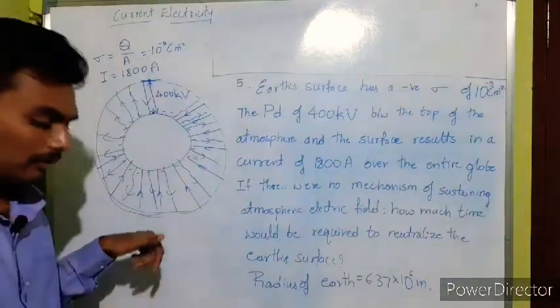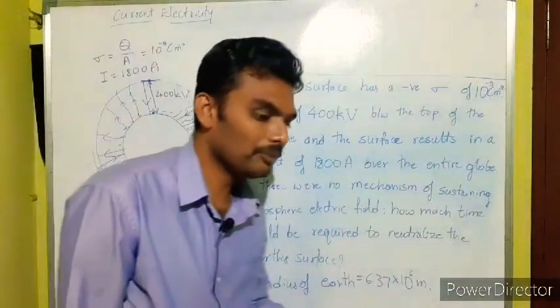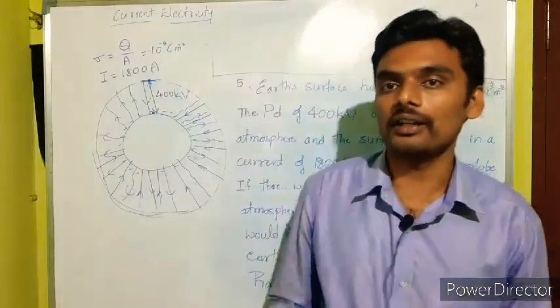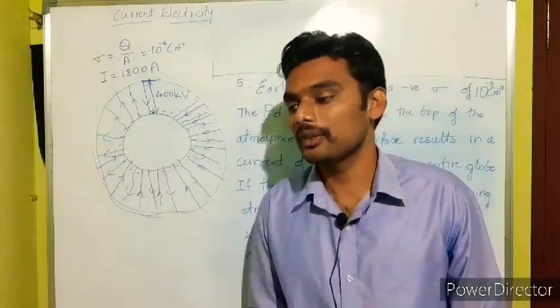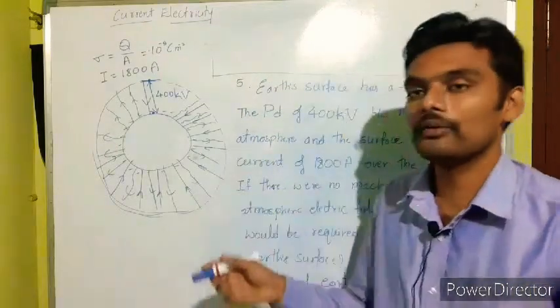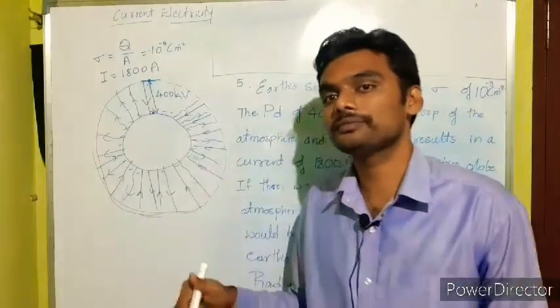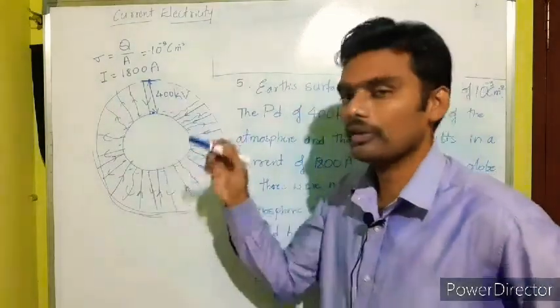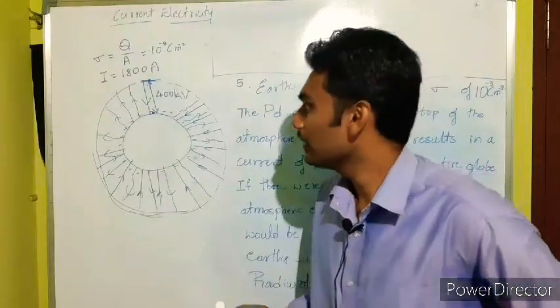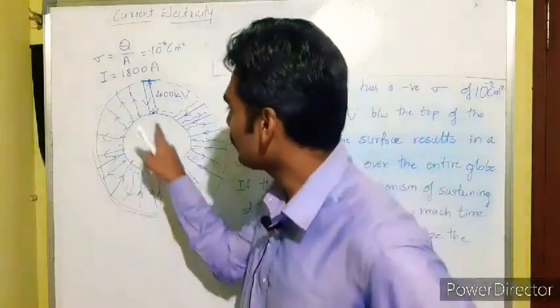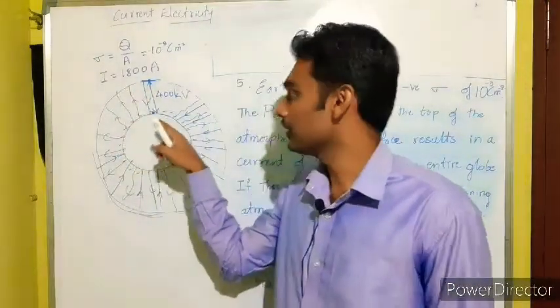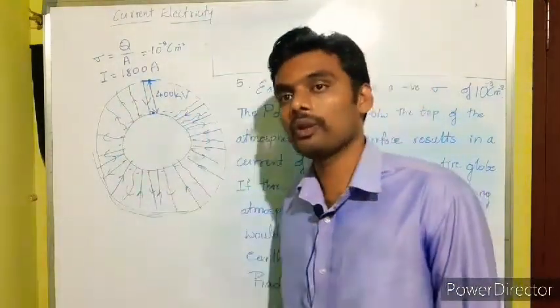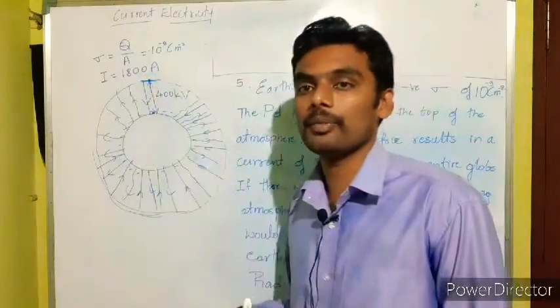But what we practically observe is that this electric field is steady. With respect to time, this electric field does not lose its value. It is a steady value which is maintained across the globe. So why is it so? Is the current not flowing through the air? No, current is flowing. The current is 1800 ampere.